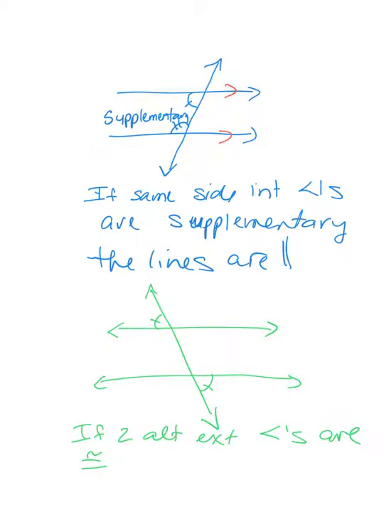If two alternate exterior angles are congruent, the lines are parallel. So we have on this page, if the same side interior angles are supplementary, that's the only different one of all of these, the lines are parallel. And if the two alternate exterior angles are congruent, the lines are parallel.